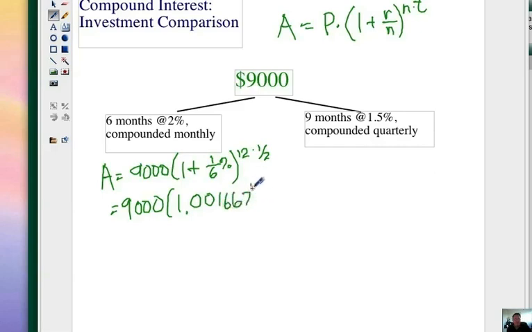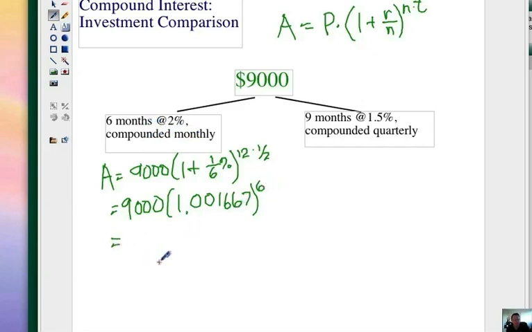Now that's a lot of digits, and actually the more digits I put in there and keep, the more accurate my answer will be. So I'm not going to do too much rounding yet. Now 12 times 1 is 12, divided by 2 is 6. So the compounding exponent on the outside is 6. Again, the shortcut is, in 6 months, how many times is it going to be compounded? Well, it's compounded monthly, so that's going to happen 6 times.